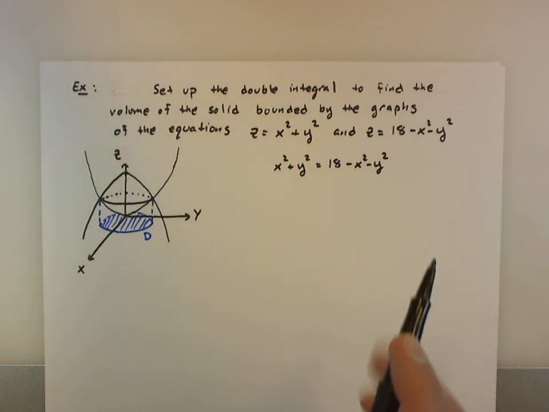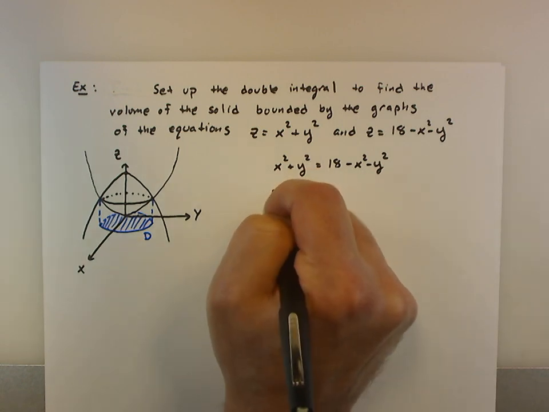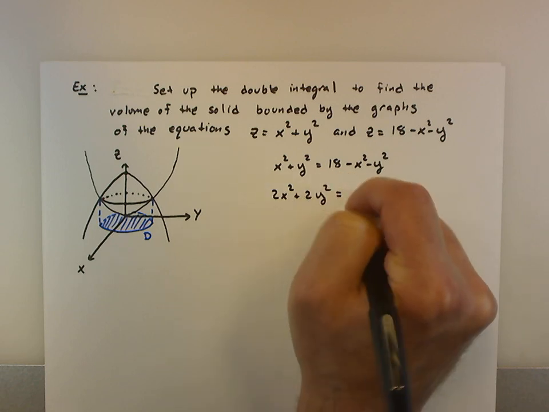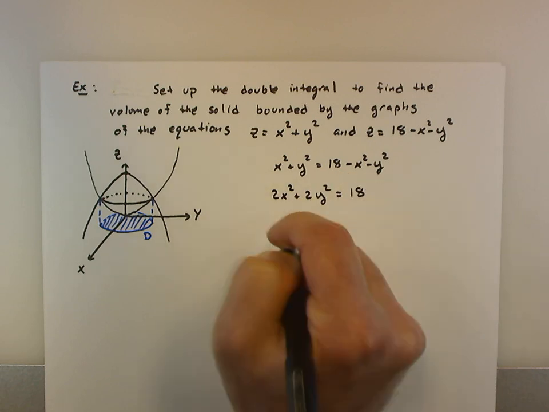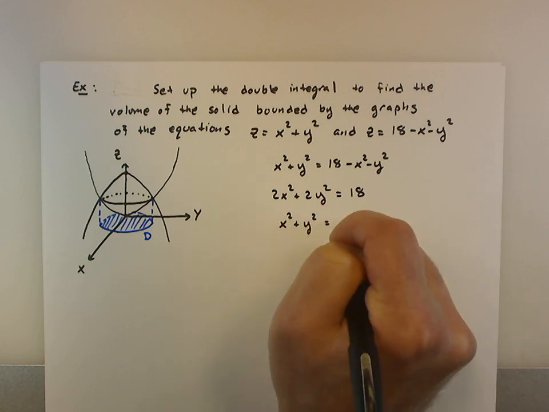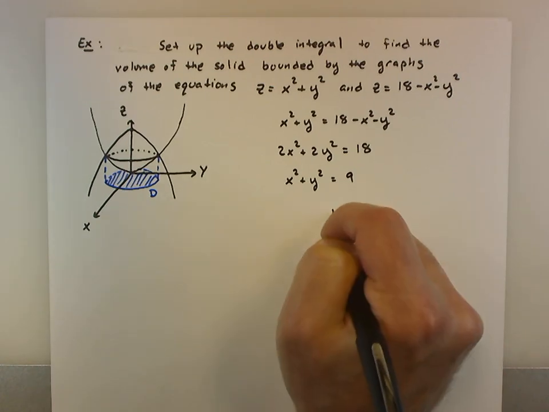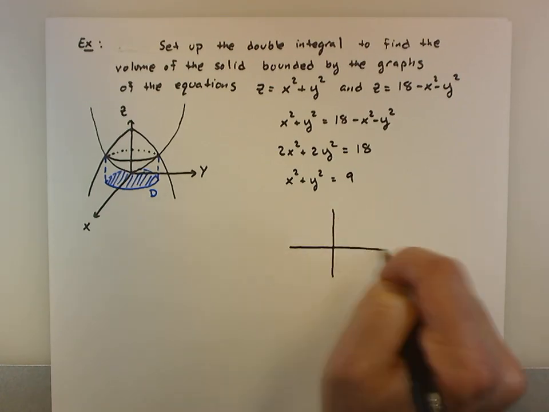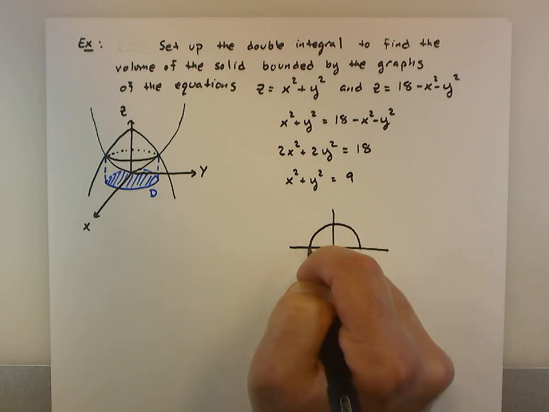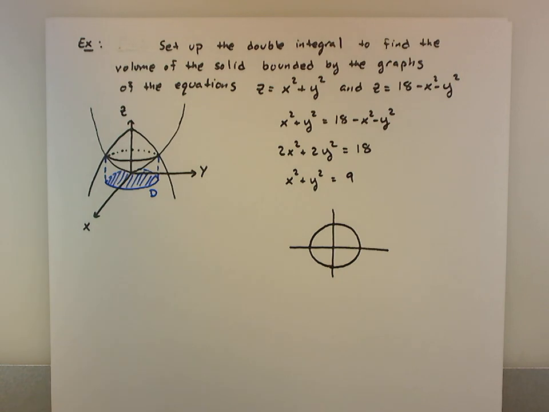If I move the x squareds and y squareds to the left side, I end up with 2x squared plus 2y squared is equal to 18. If I divide both sides by 2, x squared plus y squared is equal to 9, which is a circle centered at the origin with the radius of 3. So the region that I'm integrating over is this here.